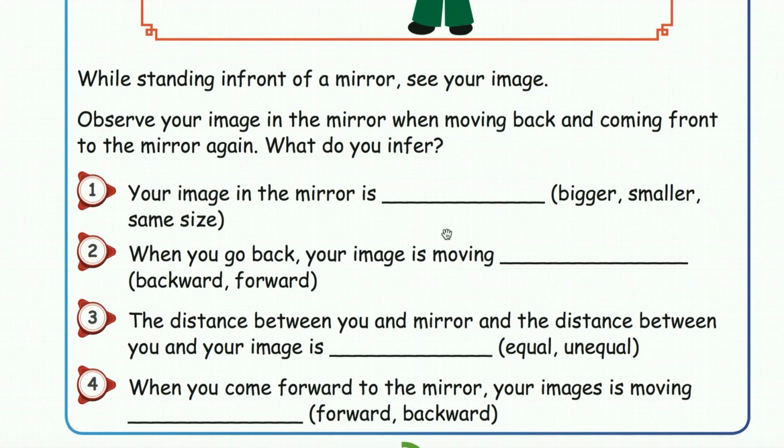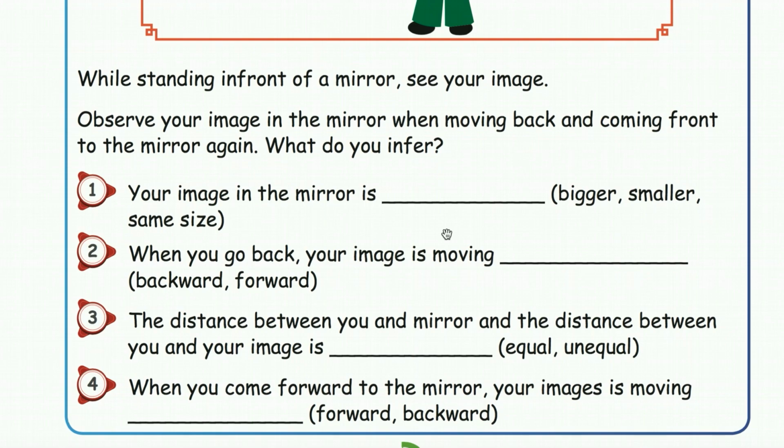What is the big deal? When you go back, your image is moving backwards or forward? It will go backwards only, right? Is the distance between you and the mirror and the distance between you and your image equal or unequal?